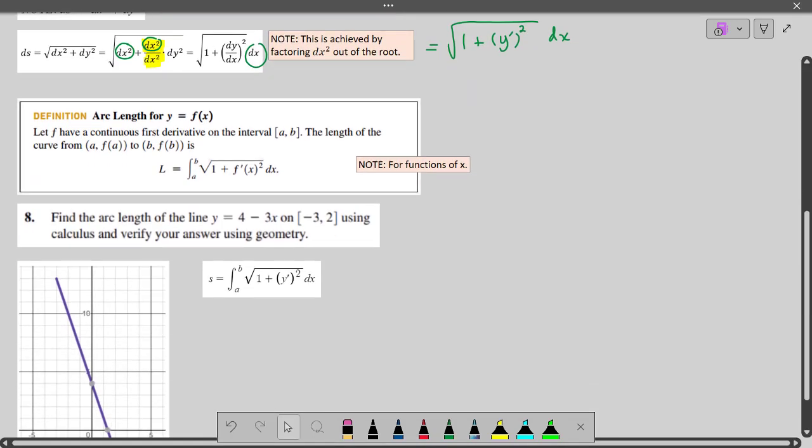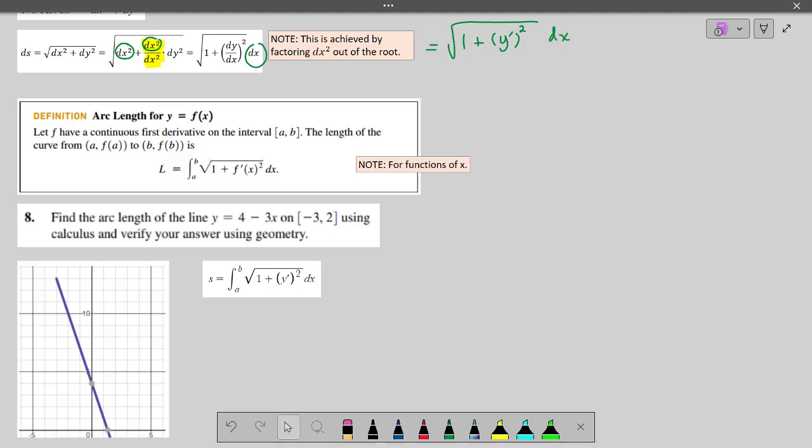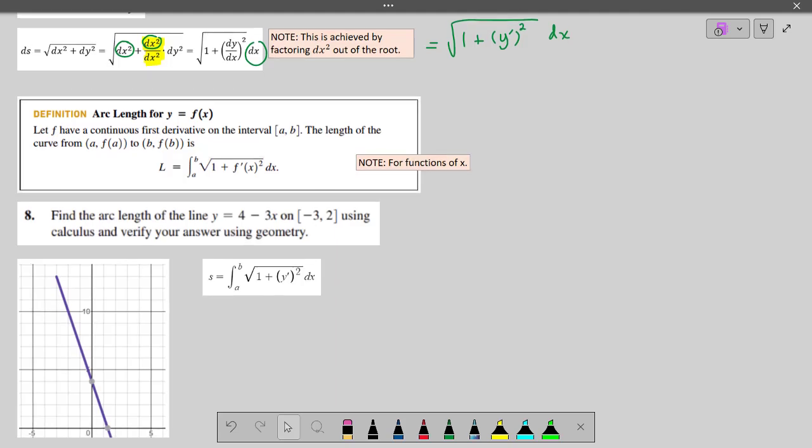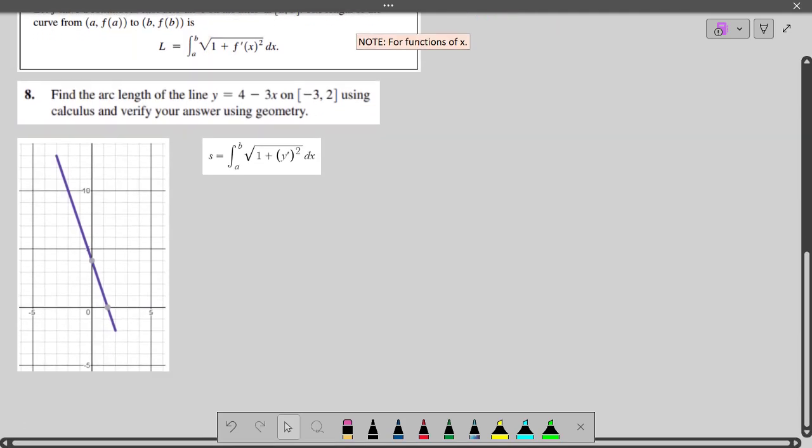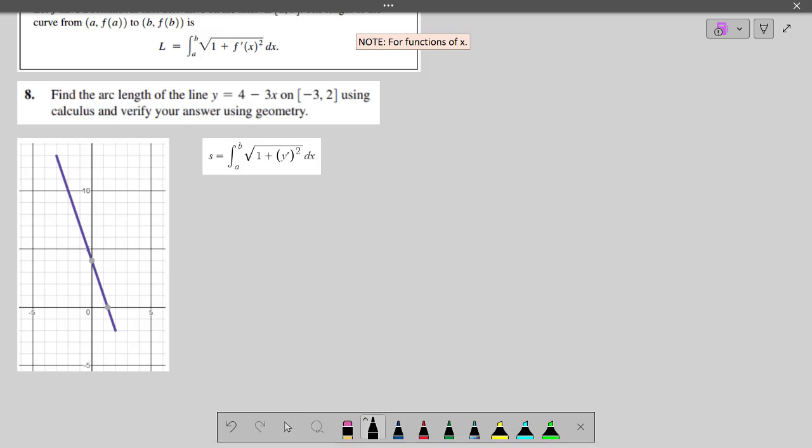All right, so that is our formula for the arc length when we're dealing with functions of x. So let's try it. So here's our function. When we're doing arc length or surface area, we must find the derivative. That's kind of the first step.